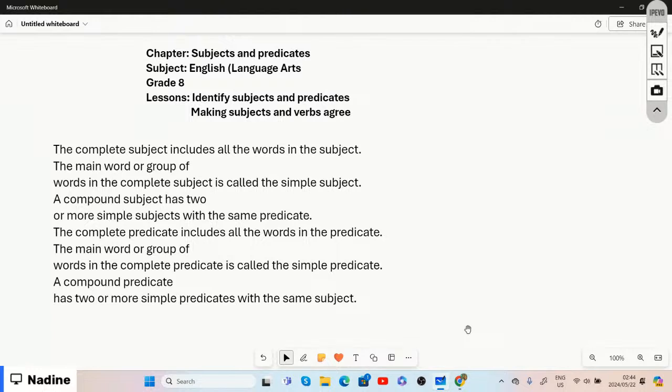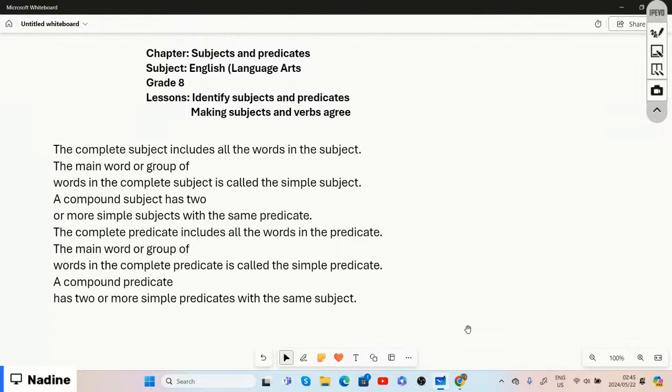If they show the conjunction, right, to join two words, for example, if they say Anne and Ben, then we call that a compound subject, which basically shares one verb.